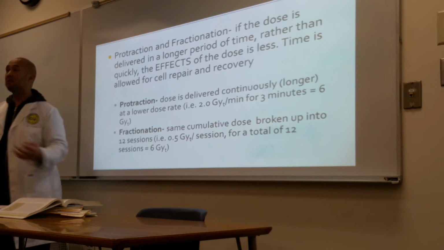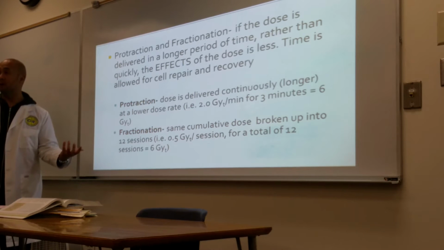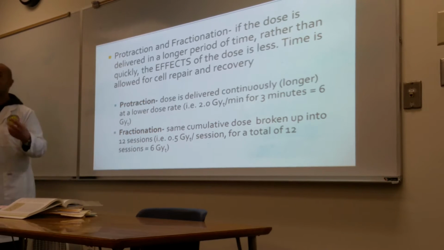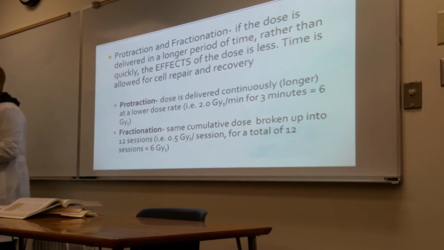This is the same concept that they use for radiation therapy, radiation oncology, when they're treating patients with a tumor, blasting them with high doses of radiation. Because if you gave them, let's say, six grays at one time, their body's not going to be able to handle that.